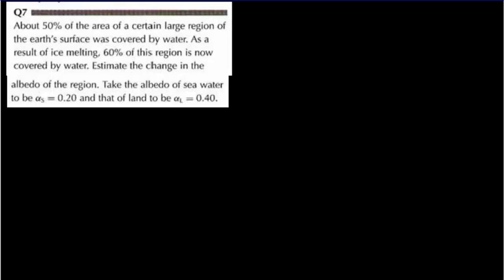Okay, so in this question, the original albedo, we've got to imagine that's going to be halfway between 0.2 and 0.4 because we've got 50% water and 50% ice. So originally, alpha is equal to 0.3, halfway between 0.2 and 0.4.